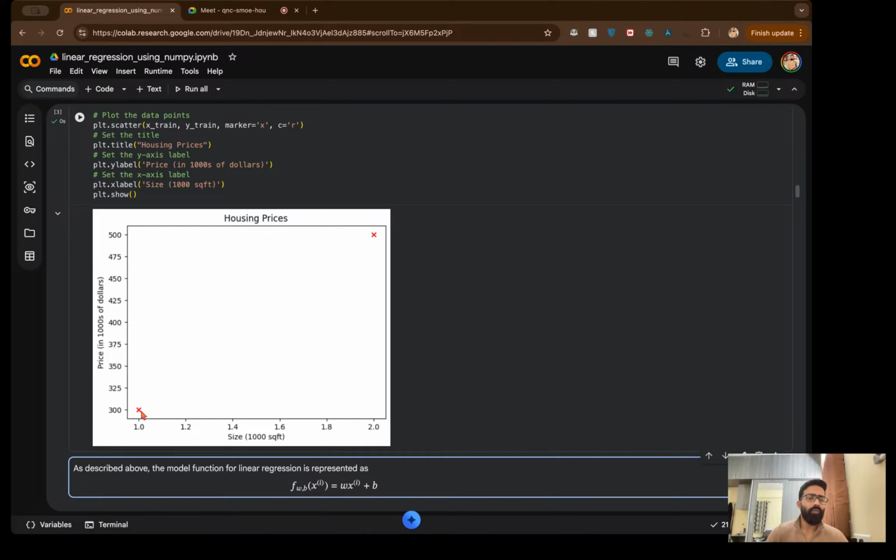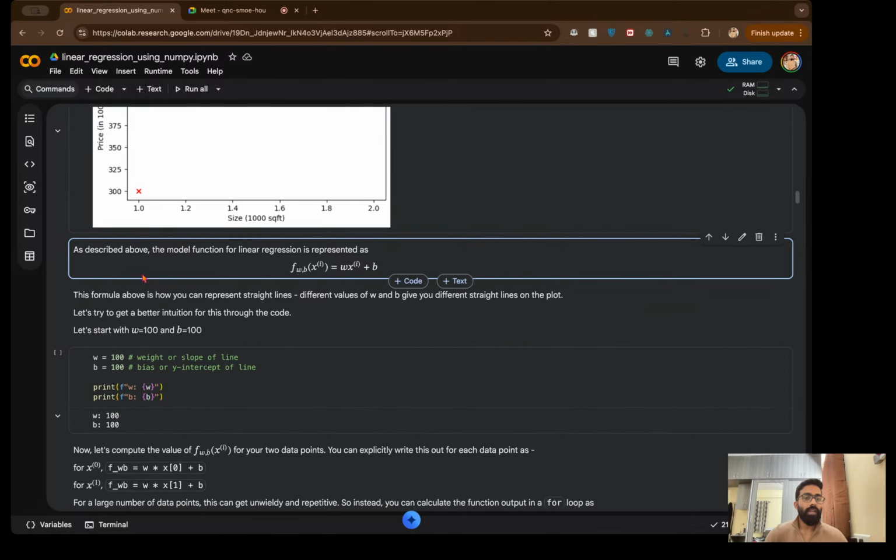As you can see, we have two data points. One house of 1000 square feet was sold for $300,000, and another house of 2,000 square feet was sold for $500,000. So we have two data points.